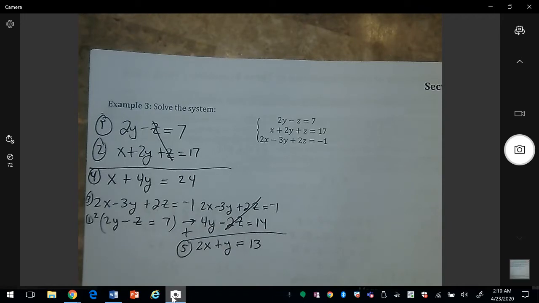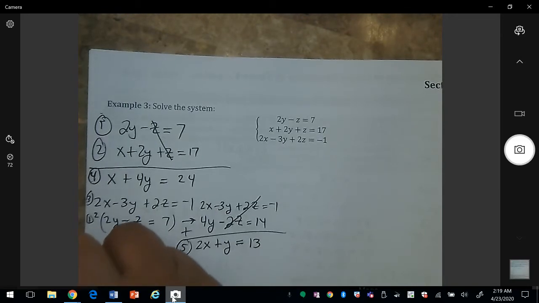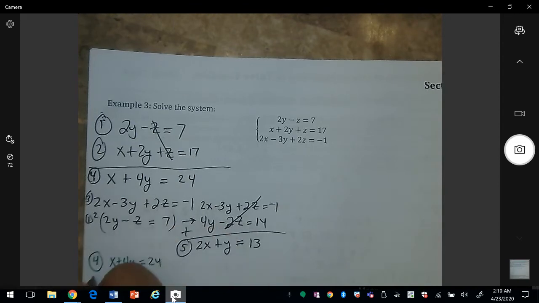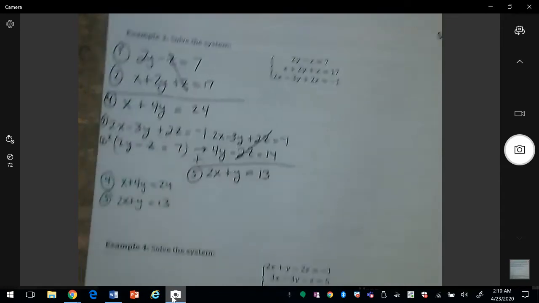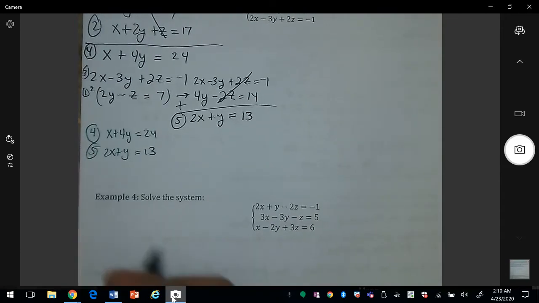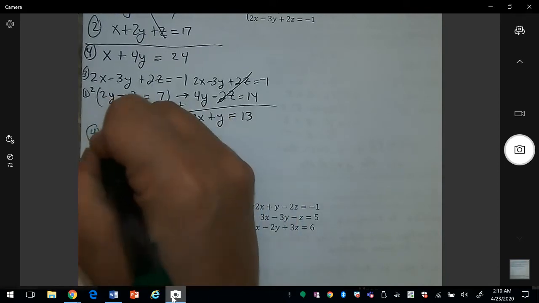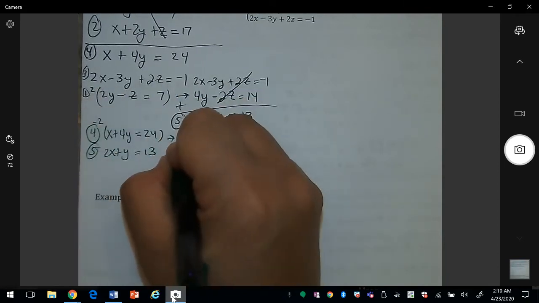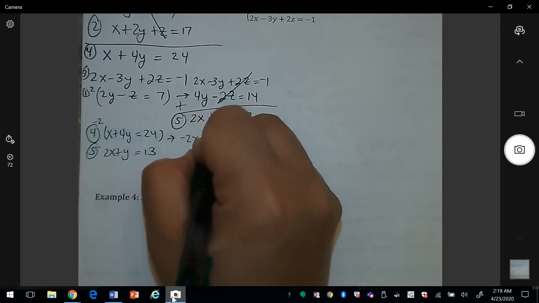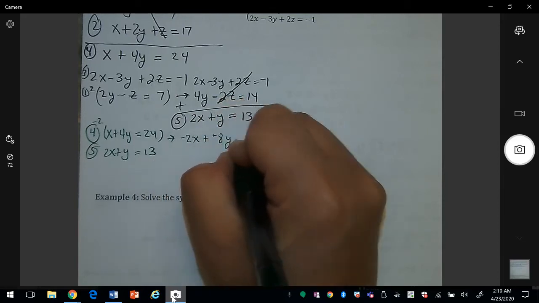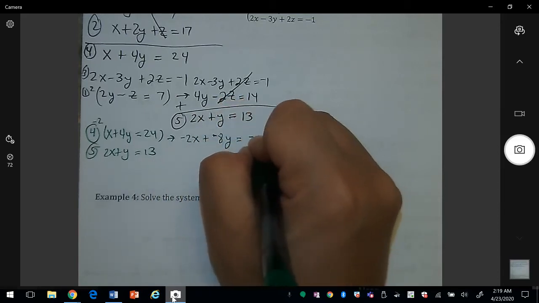Okay, so now I can take equation 4 and 5. And we can decide to get rid of a variable. Let's get rid of the x's. So I'm going to multiply the top by a -2. So this would be -2x plus -8y equals -48.